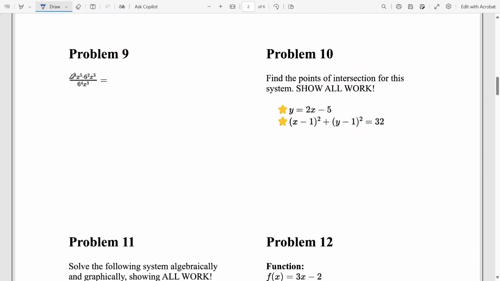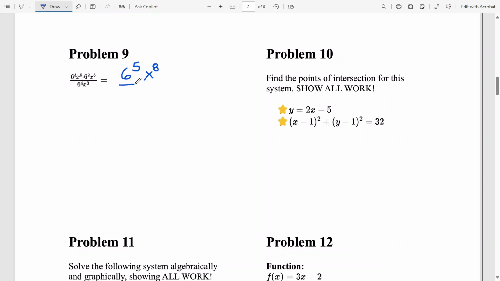All right, problem 9, a little bit more complex. We have 6 cubed x to the 5th times 6 squared x cubed on the top. So let's simplify that first. We're going to have 6 to the 3 plus 2 power, so 6 to the 5th power, times x to the 5th times x cubed is x to the 5 plus 3 power, so x to the 8th power.